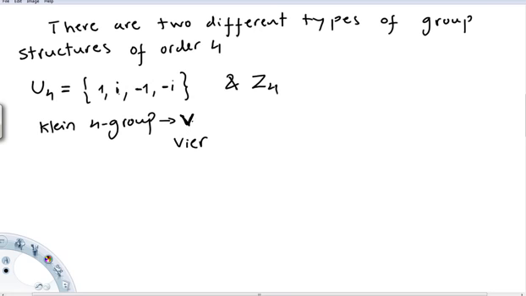Vier is 4 in German, okay? And the other group structure of order 4 is Z4, okay?